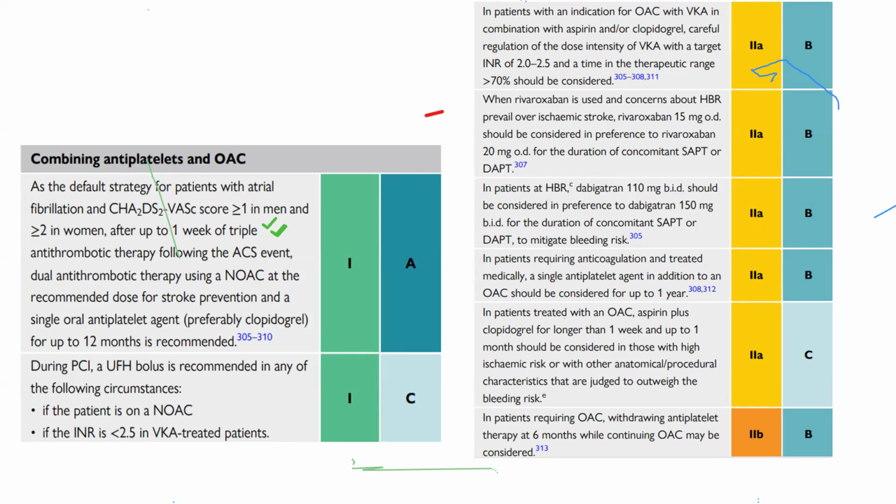In patients requiring oral anticoagulants, withdrawing antiplatelet therapy at 6 months whilst continuing oral anticoagulants may be considered. So this can be just opposed the recommendation where 3 to 6 months of dual antiplatelet therapy is being recommended for patients who have not had any events within that 3 to 6 months period.